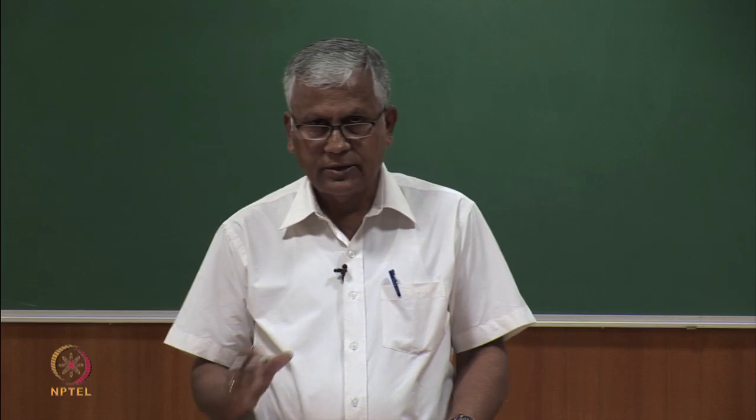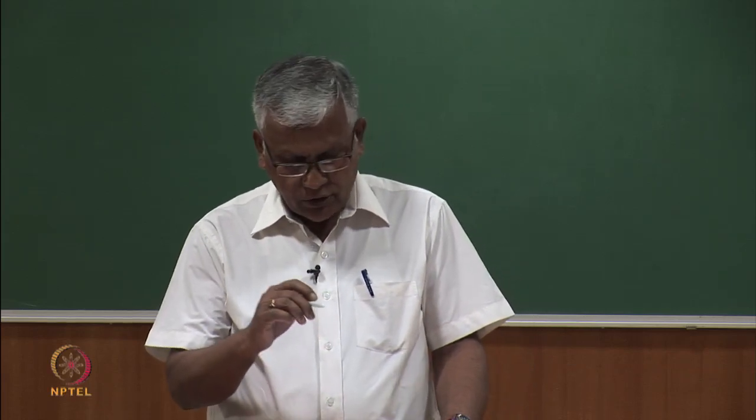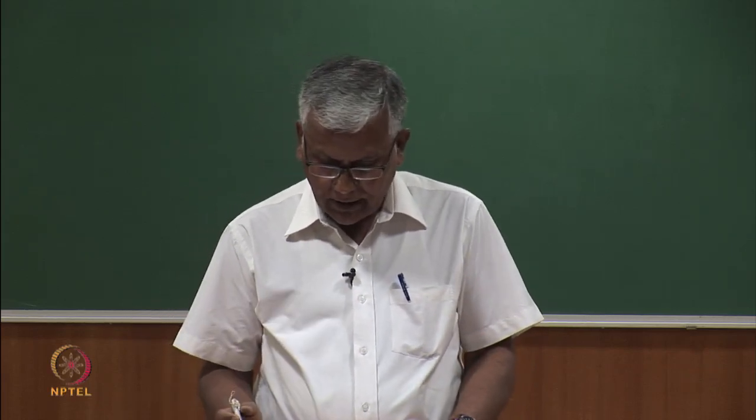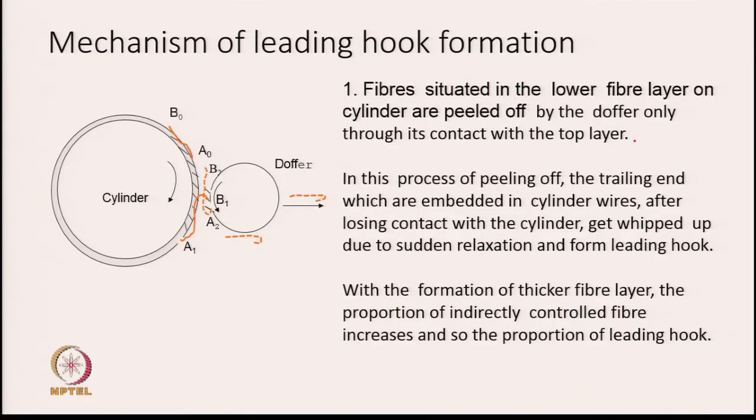So, these fibers are basically on the top layer of the cylinder. So, in the process of peeling off, what happens? The trailing end of the fibers which are embedded in the cylinder wires, after losing contact with the cylinder, gets whipped up due to sudden relaxation and forms a leading hook.